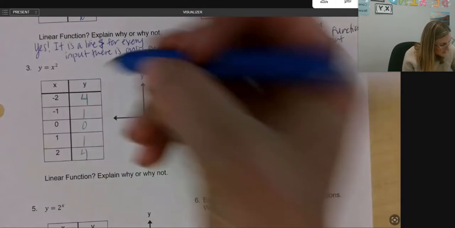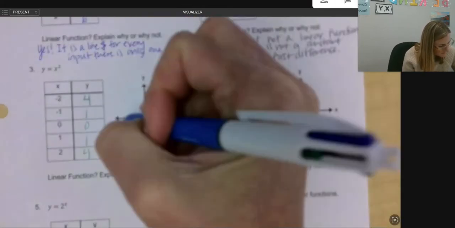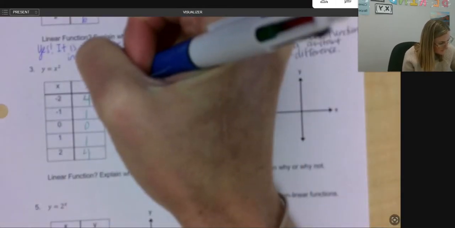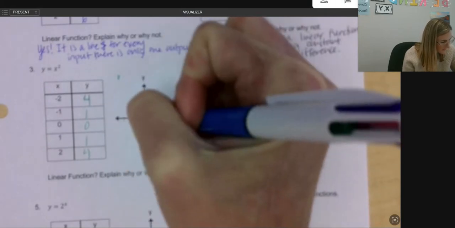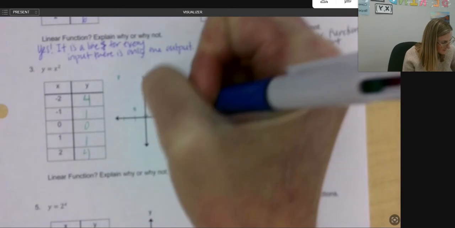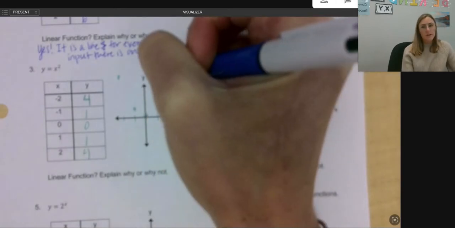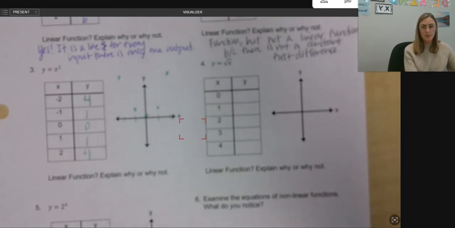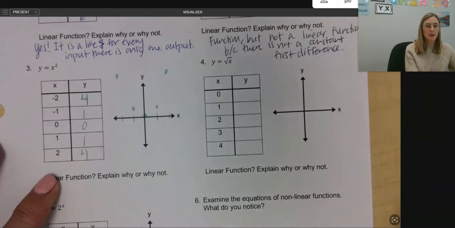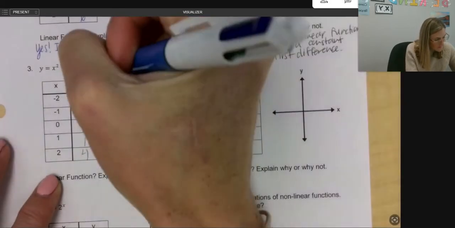So if I'm going to sketch this, I'm going to say (-2, 4), (-1, 1), (0, 0), (1, 1), and (2, 4). This time, it's not an absolute value function, so it's not going to look like a V anymore. It's actually going to look like that U shape that we saw in class last time.